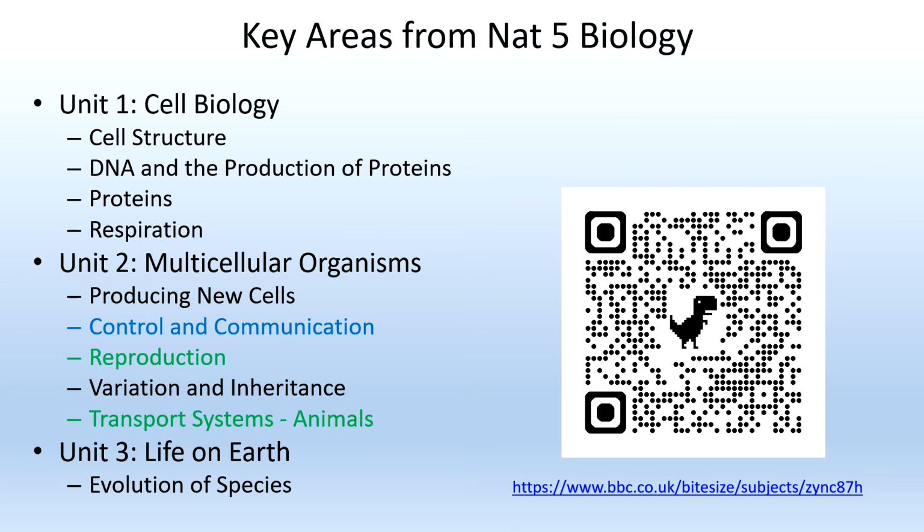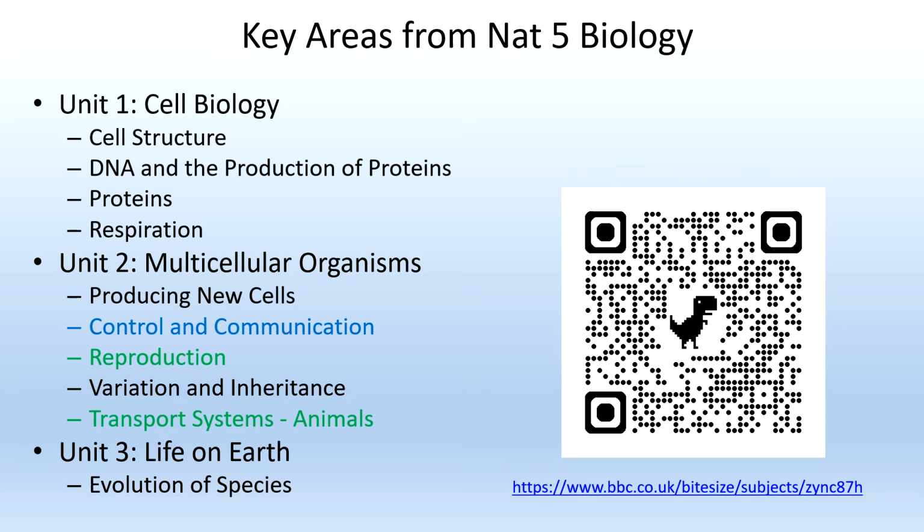So in previous videos we have discussed what's not needed from the Nat 5, but there's plenty of topics covered there that you will find very helpful for the Higher. In reverse order, Unit 3 is probably the least relevant for human biology, but some of the evolution stuff from the Life on Earth unit might be helpful.